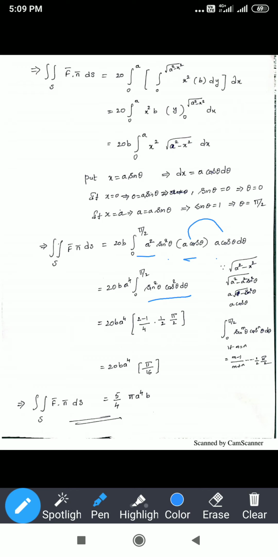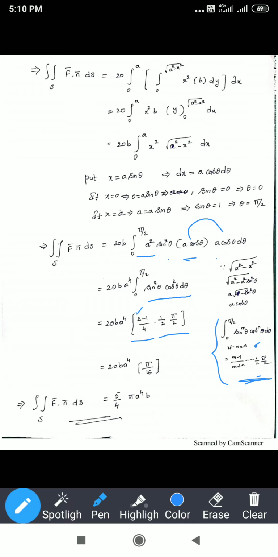You know the formula of this: integral 0 to pi by 2 sin power m theta cos power n theta d theta. If m is equal to n, then only apply the formula, m minus 1 by m plus n. Here m is 2, so 2 minus 1 by m plus n, 4 into 1 by 2 into pi by 2. This is the formula.